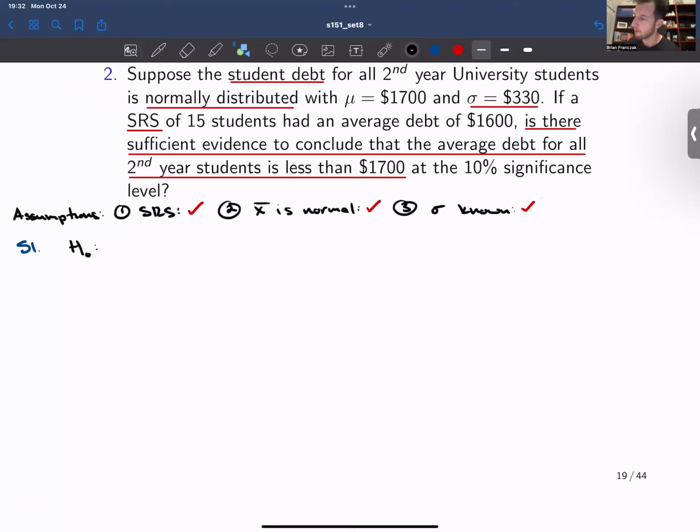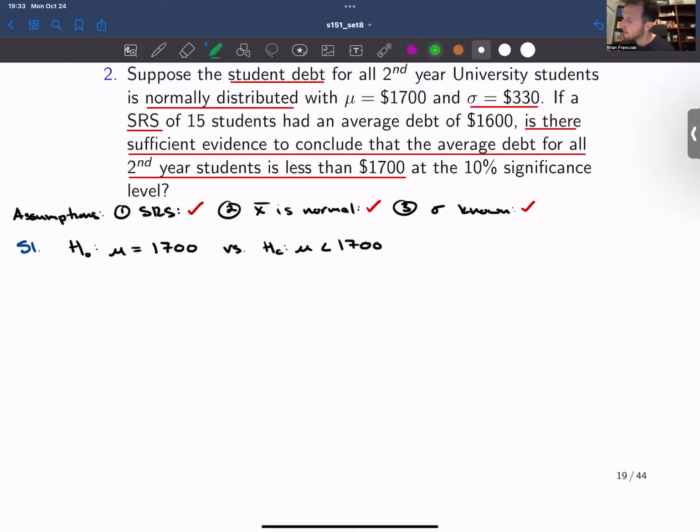When we teach the null hypothesis at this level, we always use an equality sign. So right now, our null hypothesis is that the mean student debt for all second-year students is $1,700. So H naught: mu equals 1700. In the alternative hypothesis, we declare what we're interested in checking, which is whether or not there is evidence that the mean is less than 1,700.